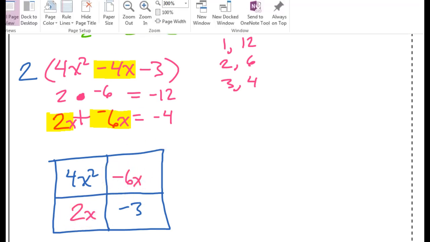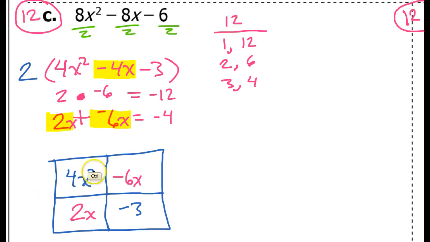Now we find the GCF of every row and every column. The GCF of the top row is 2x. The GCF of the bottom row is 1. Nothing divides into both of these, so it's just 1. The GCF of the first column is 2x, and the GCF of the second column is negative 3.